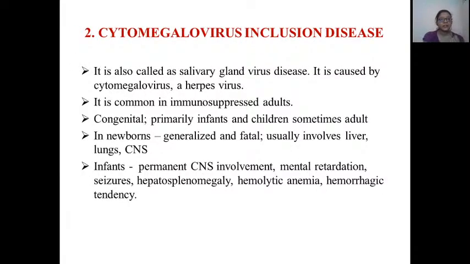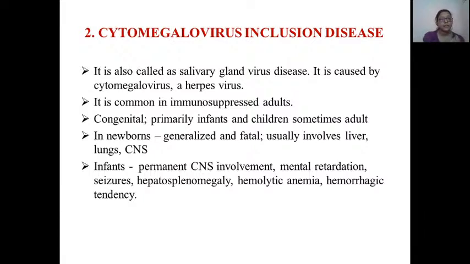The second viral infection is cytomegalovirus inclusion disease, which is also known as salivary gland virus disease, and it is caused by a herpes virus known as cytomegalovirus, as the name suggests. It is very common in immunocompromised, immunosuppressed patients. It starts congenitally, sometimes primarily in infants and children, sometimes adults.